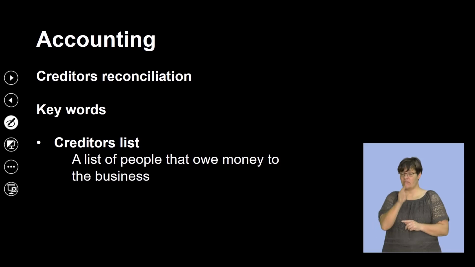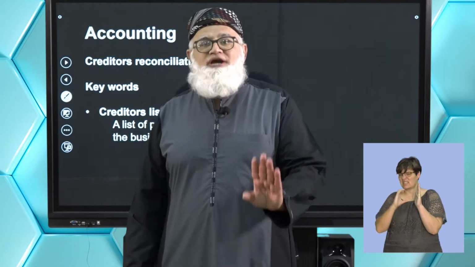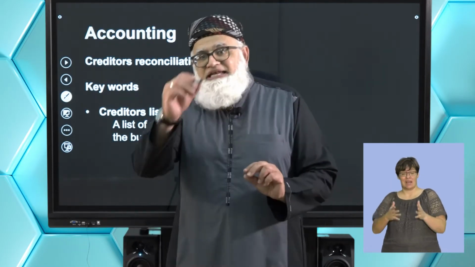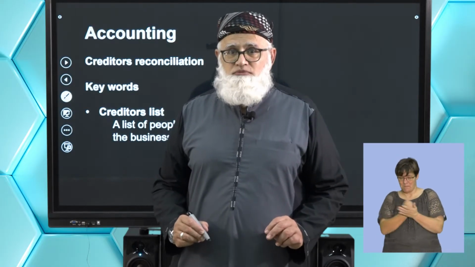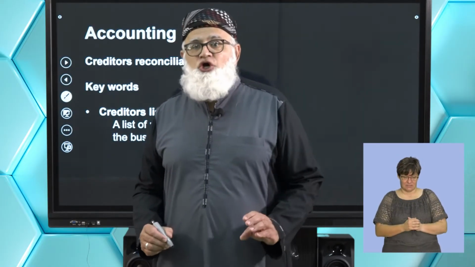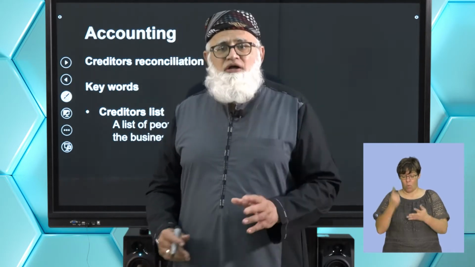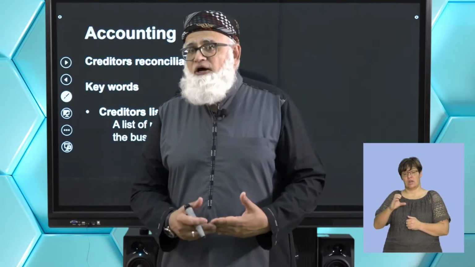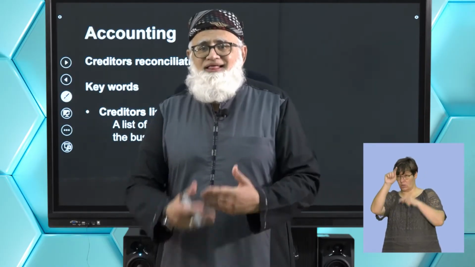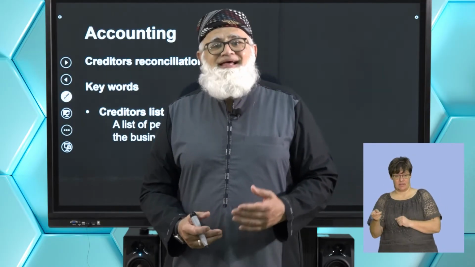So therefore, if you look at your creditors list, what is the creditors list? Your creditors list are the individual creditors that you owe money to. So, if you want to know how much you are owing to John, you will go to your creditors ledger, look for the account of John, and say, right, this is the amount that's due to John, right?